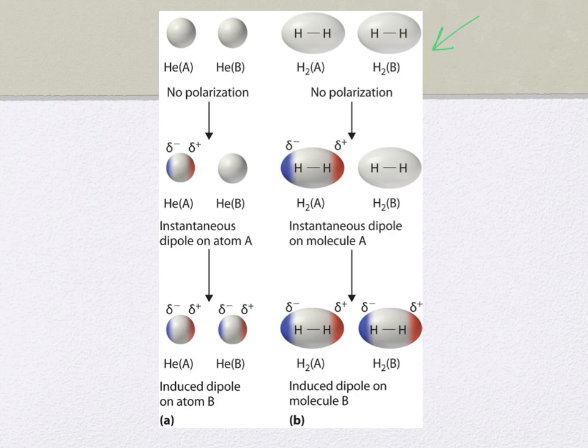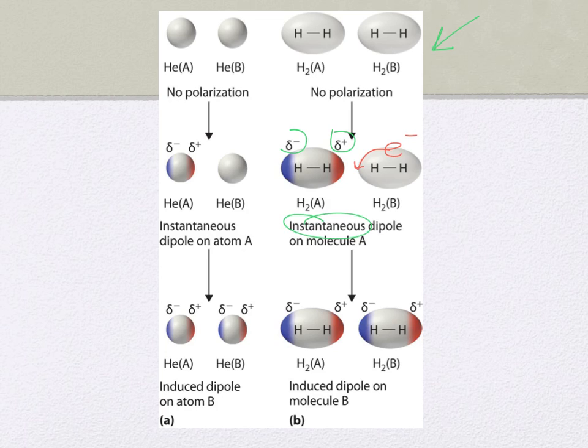So let's take a look at a diagram as to how this actually happens. Let's look at the set of hydrogen molecules that are on the right here. You can see that they're nonpolar, but then just due to the movement of the electrons, instantaneously, we end up with a negative end and a positive end to our molecule. The electrons in the molecule next to it are attracted to this end of the molecule because they are attracted to the positive end of the molecule across from it.